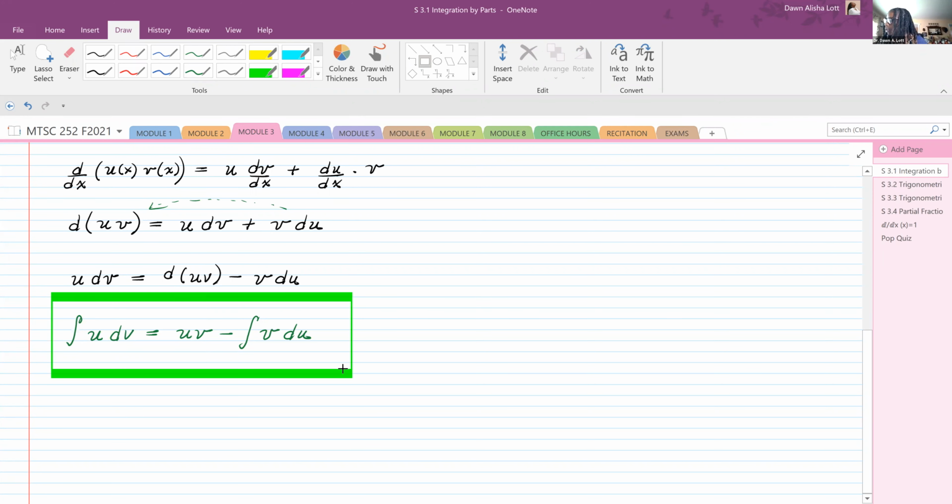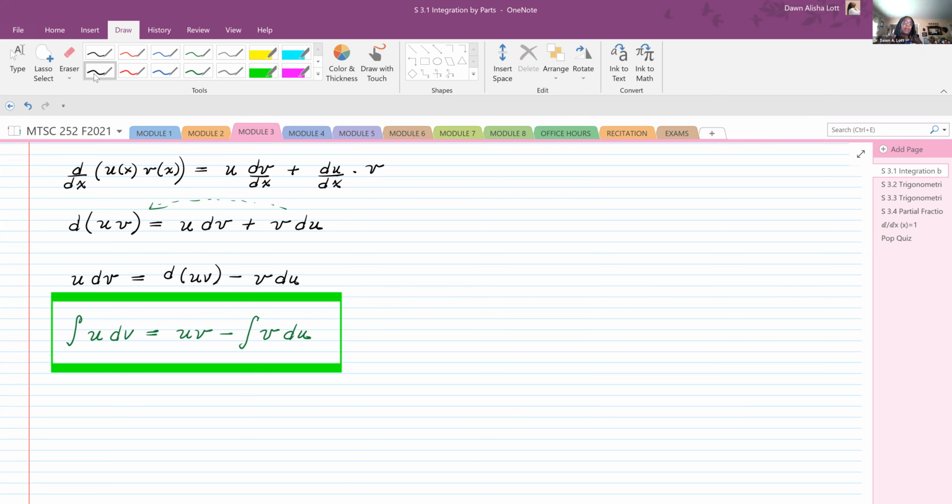Not just memorize it, understand it. So I am going to do the integral of some function u that's multiplied by the derivative of another function v is equal to the product of the two functions, uv, minus the integral of v du.